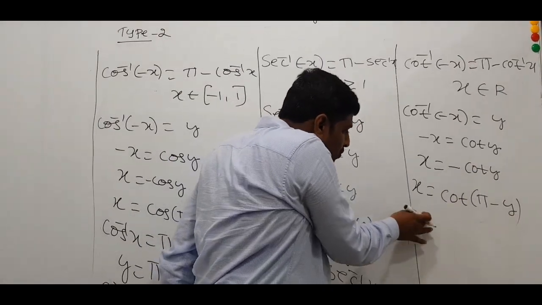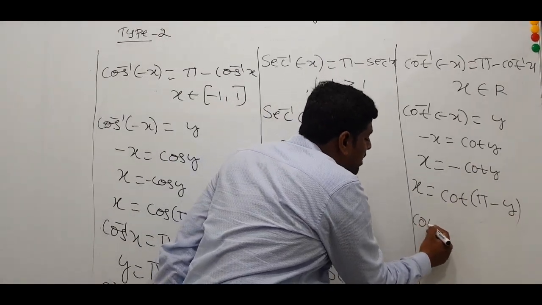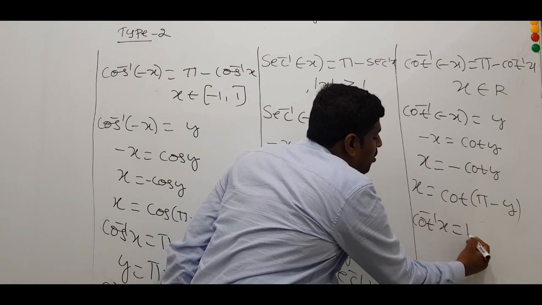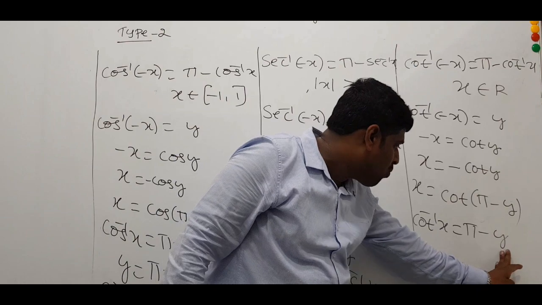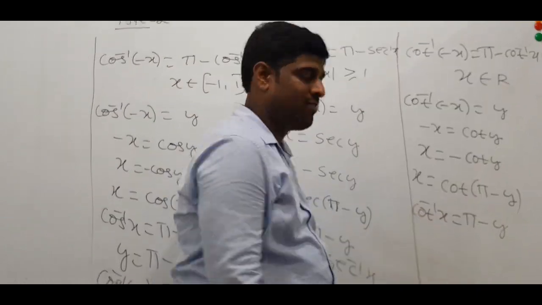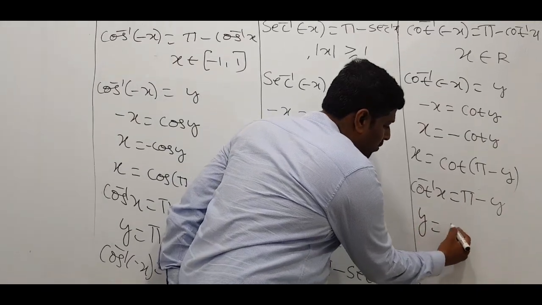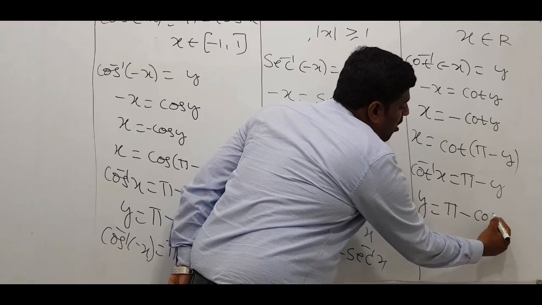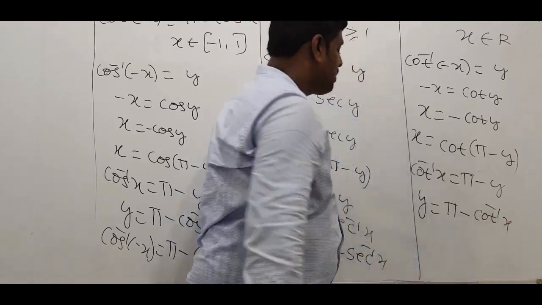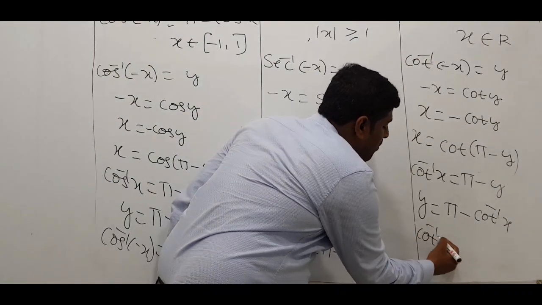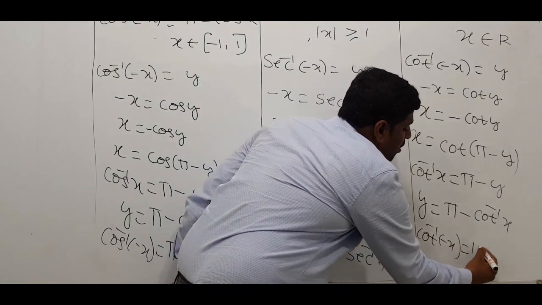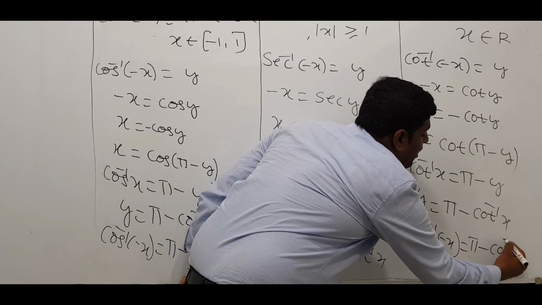This cot shifts to the LHS, cot inverse x is equal to pi minus y. Now I want to find the y value in this equation: y is equal to pi minus cot inverse x. Substituting the y value, cot inverse of minus x is equal to pi minus cot inverse x.